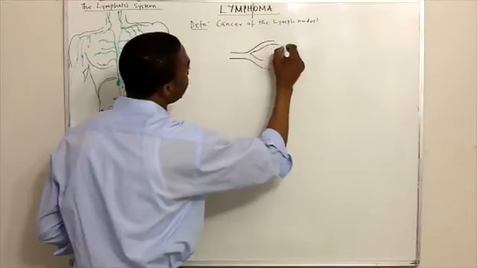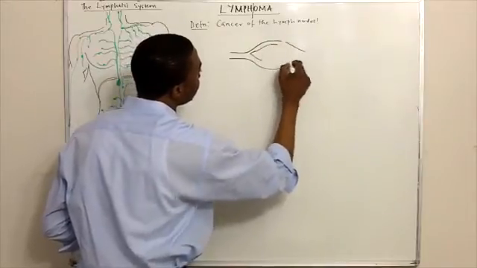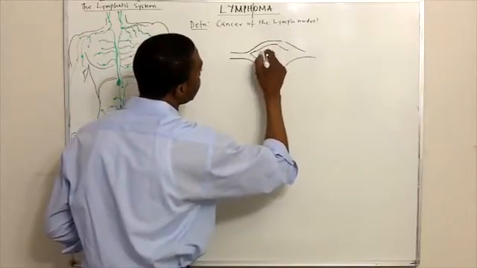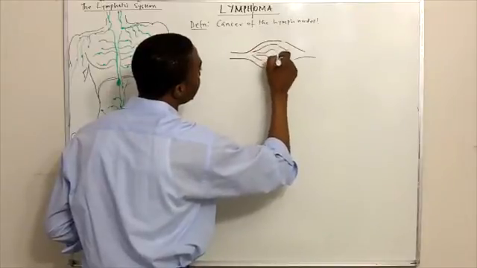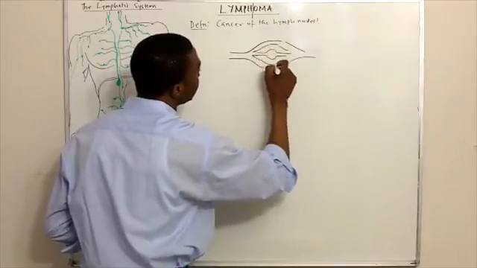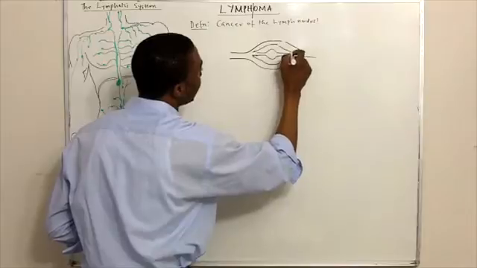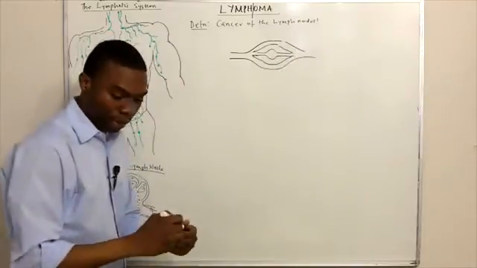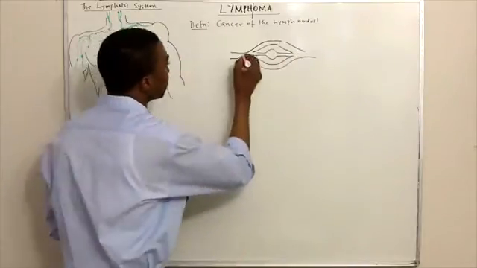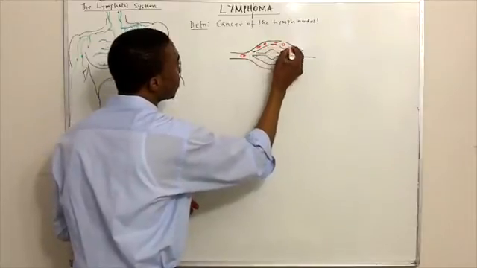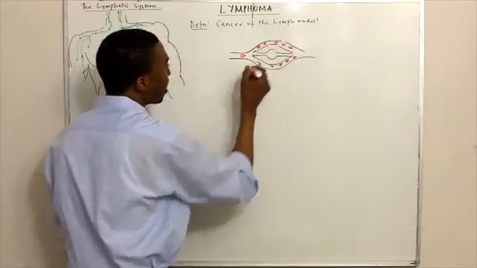That's what a capillary will look like. And capillary is where blood flow goes through, right? So blood is going through a capillary system.